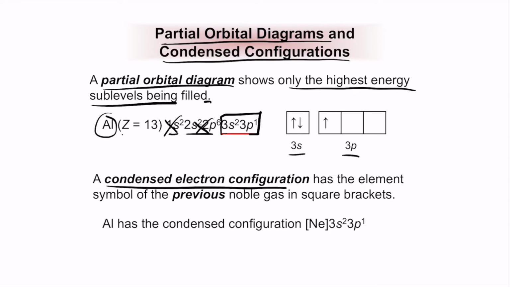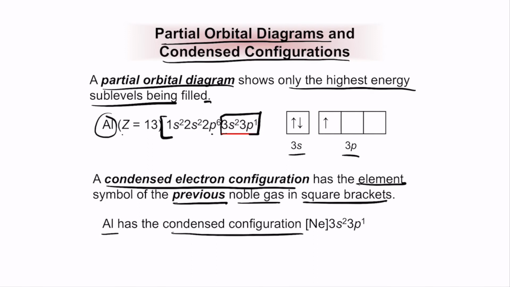Now a condensed electronic configuration has the element symbol of the previous noble gas in square brackets. Aluminum has a condensed configuration where 1s2, 2s2, 2p6 is the configuration for neon. So we are going to write the noble gas configuration that is closest to the structure, and the closest to aluminum here is neon. Then we write the rest of the configuration separately right after the noble gas. So this is an example of the condensed electron configuration.